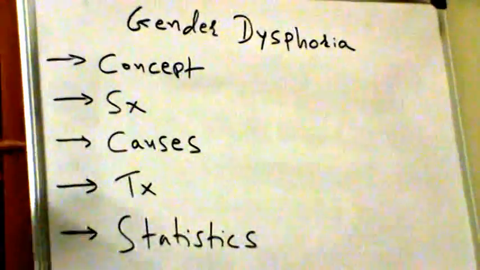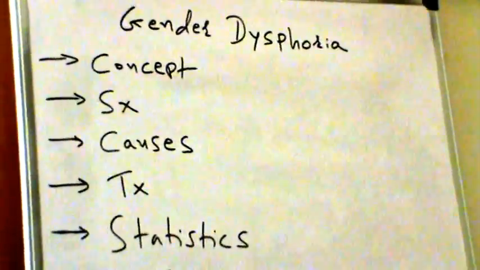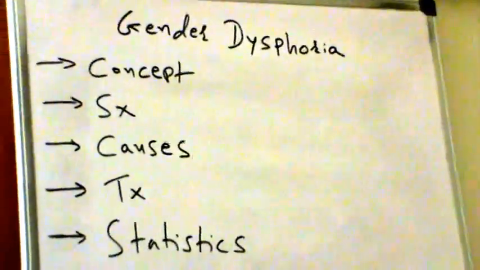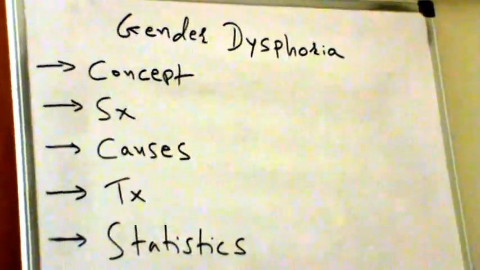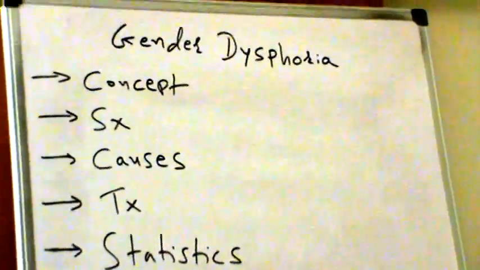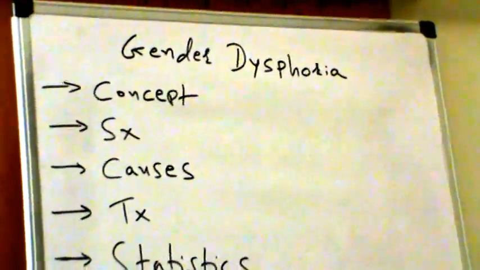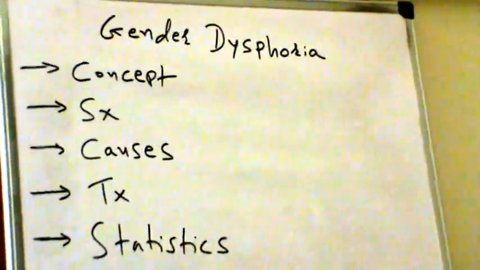So let's look at the symptoms. Children would express the desire to be the opposite sex, have disgust with their own genitals, believe that they will grow up to become the opposite sex, are rejected by their peer group and feel isolated, have anxiety and depression.